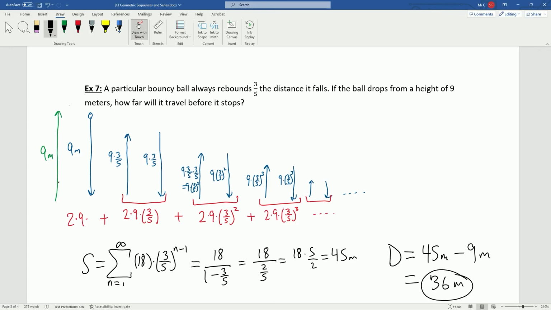All we did here was add this extra one at the beginning so that we had a nice formula that matched up for all of our terms. Since each of these others was doubled, we just added this to double the first one. And then once we found that sum, we said the actual distance had included an extra 9 meters, so we subtract that to get the actual distance.